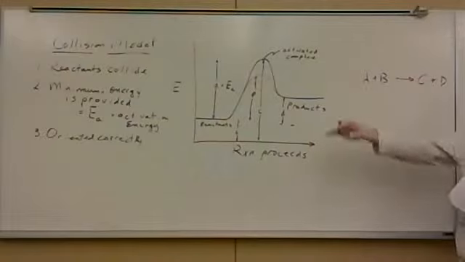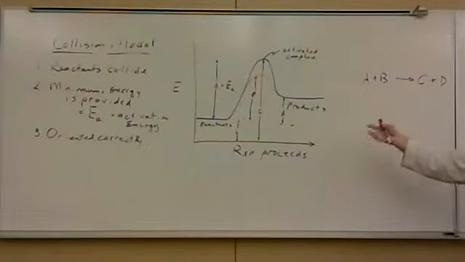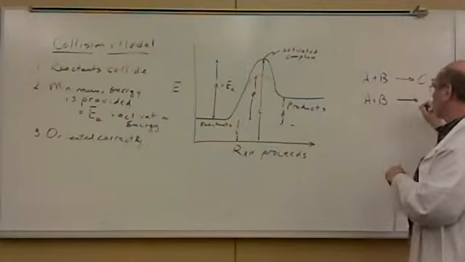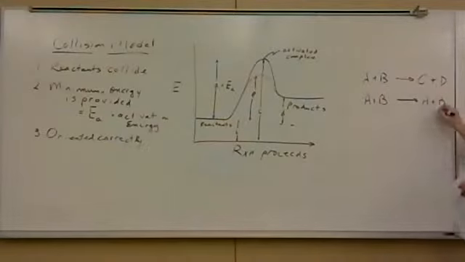But if you have a different reactant A and B, and they don't have enough energy, they just go back to where they were. Okay? So since there are billions and billions of molecules in this mixture, you have an average value for those that have enough energy to go to products.